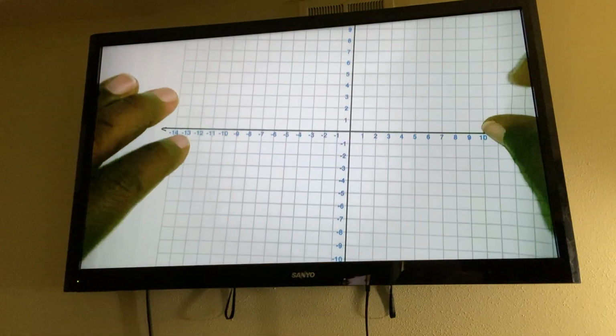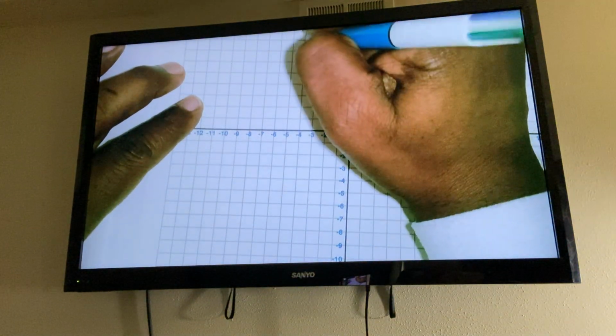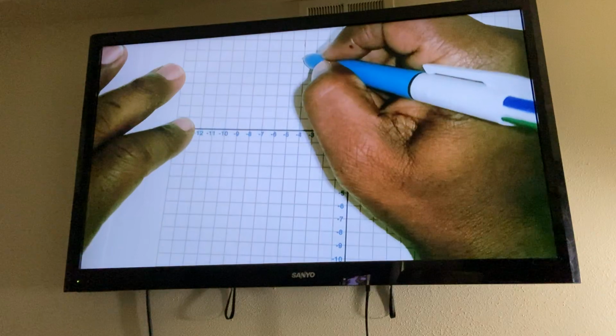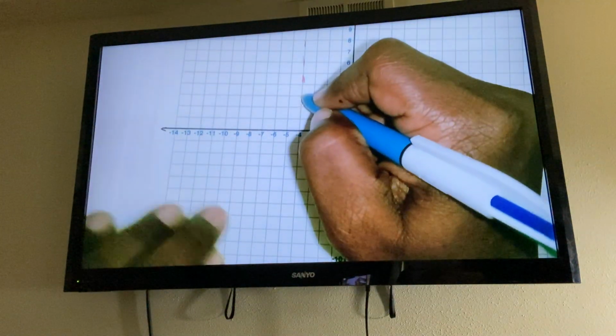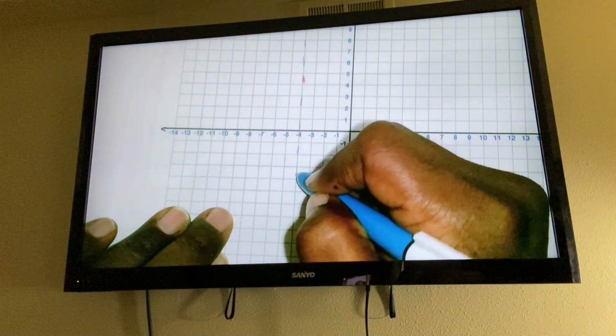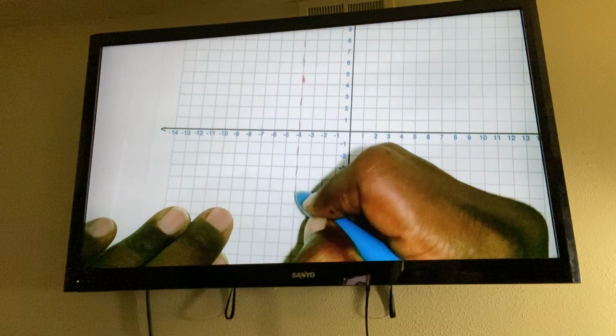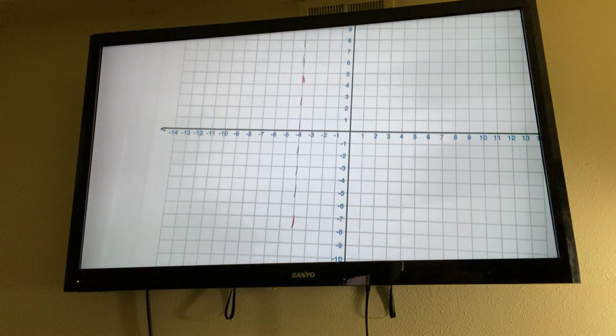Folks, we know our axis of symmetry is going to run through negative 4. Okay, x equals negative 4.